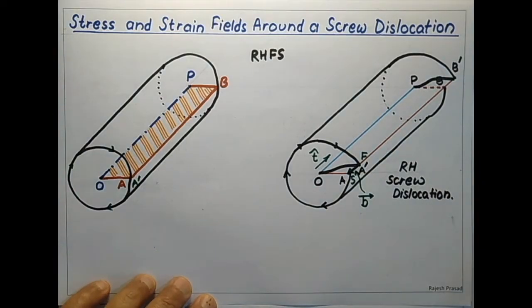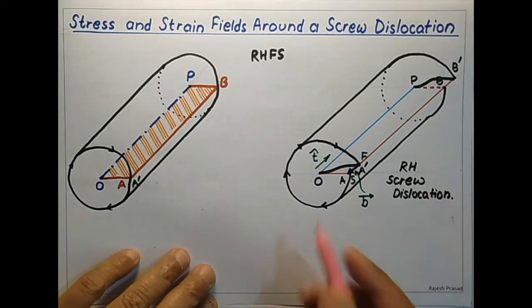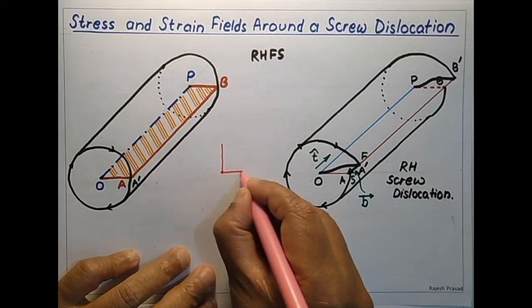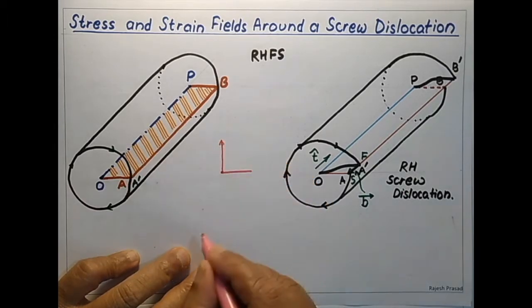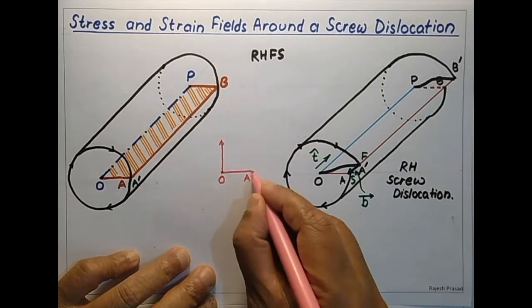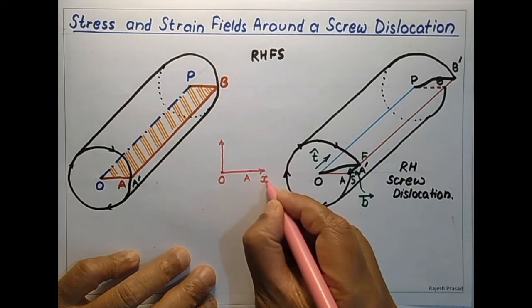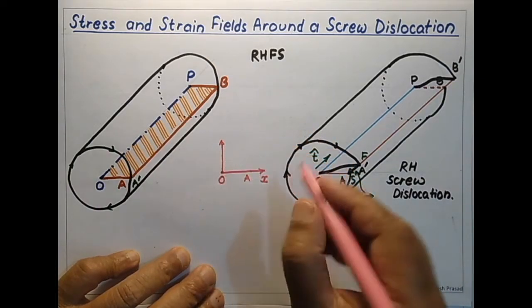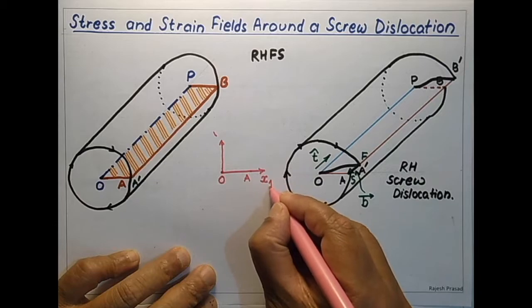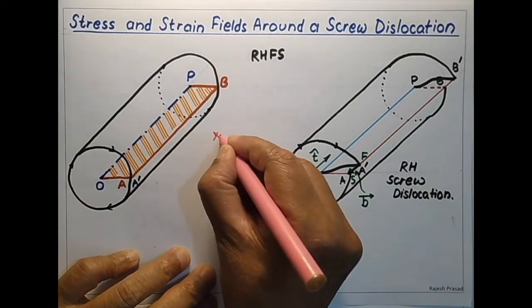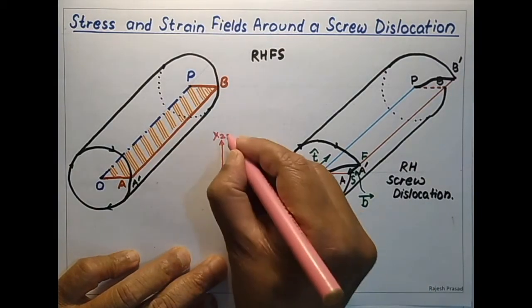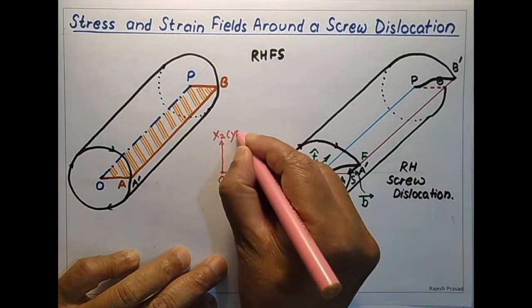So if I introduce a coordinate system centered at O, with direction OA being the x-axis, normal to OA is my y-axis. The x-axis, or let me call it the x1 axis, normal to x1 is x2, which is y.